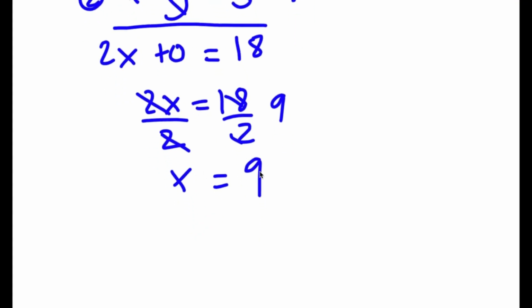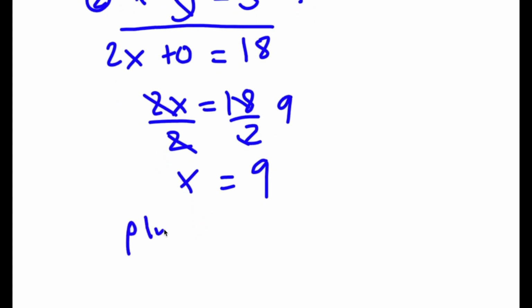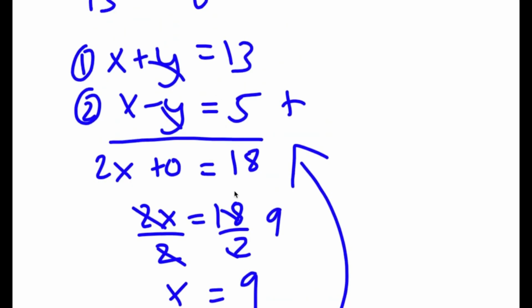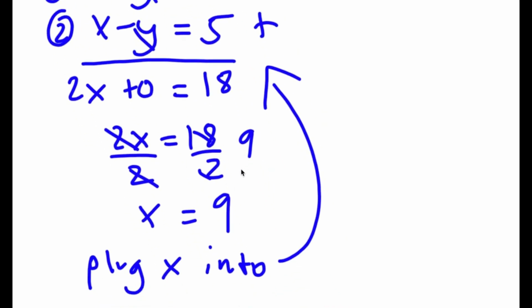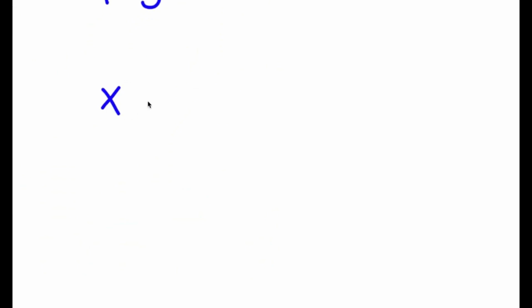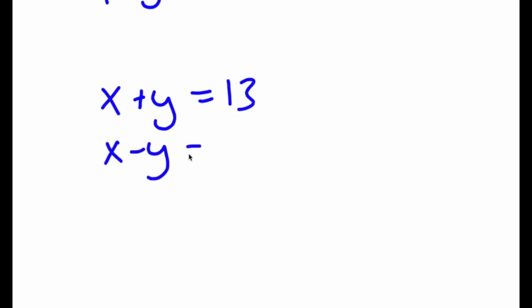So now if x equals 9, I have to plug x into the system of equations to solve for y. So our original system of equations was x plus y is equal to 13 and x minus y is equal to 5.